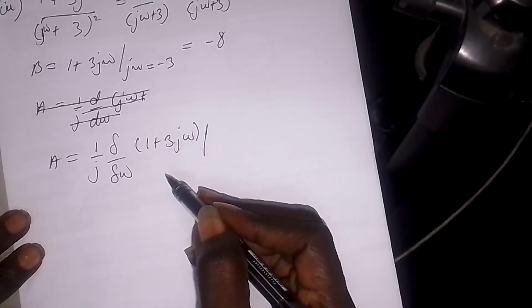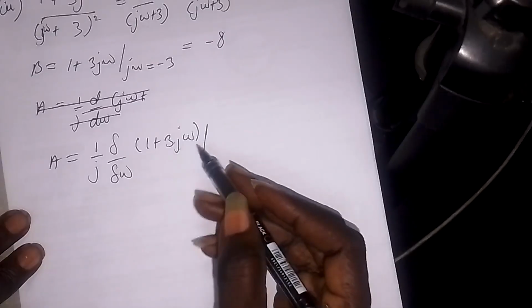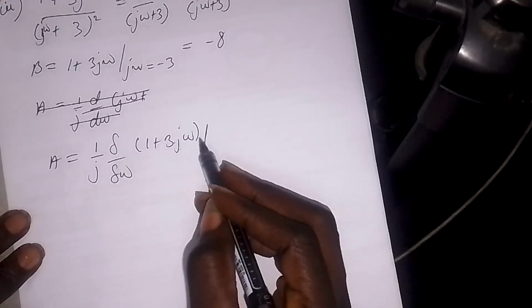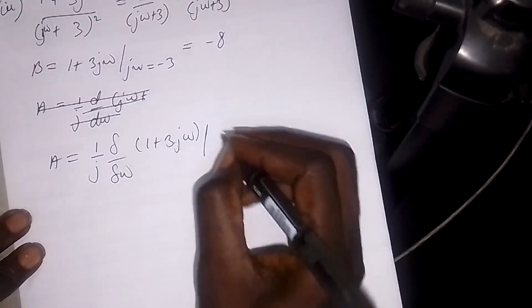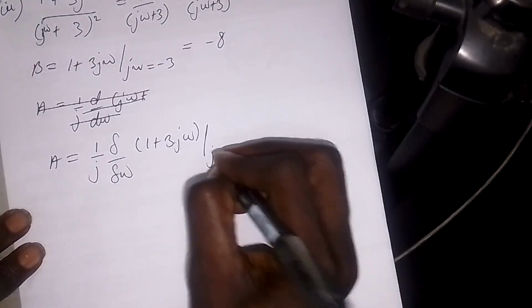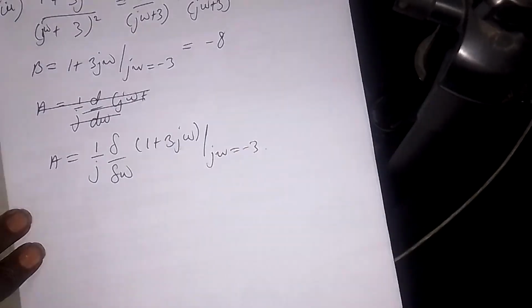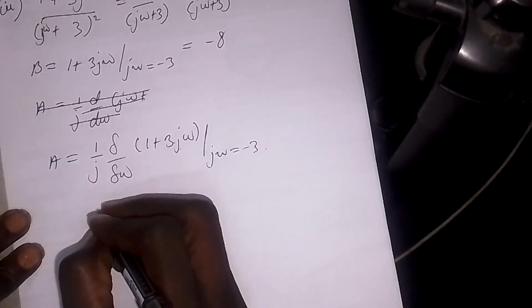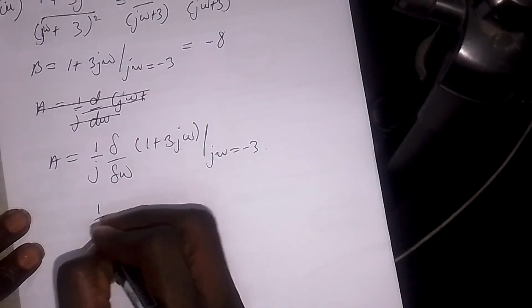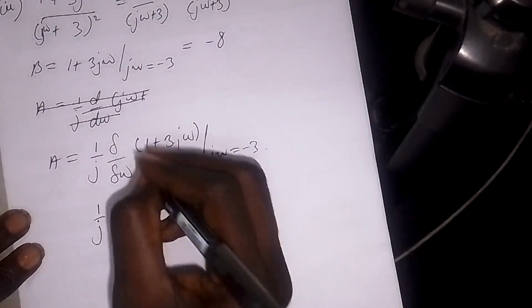Basically here, if there is anything to insert, j omega is equal to minus 3 from here. So if I integrate, I'll have 1 over j into this one.